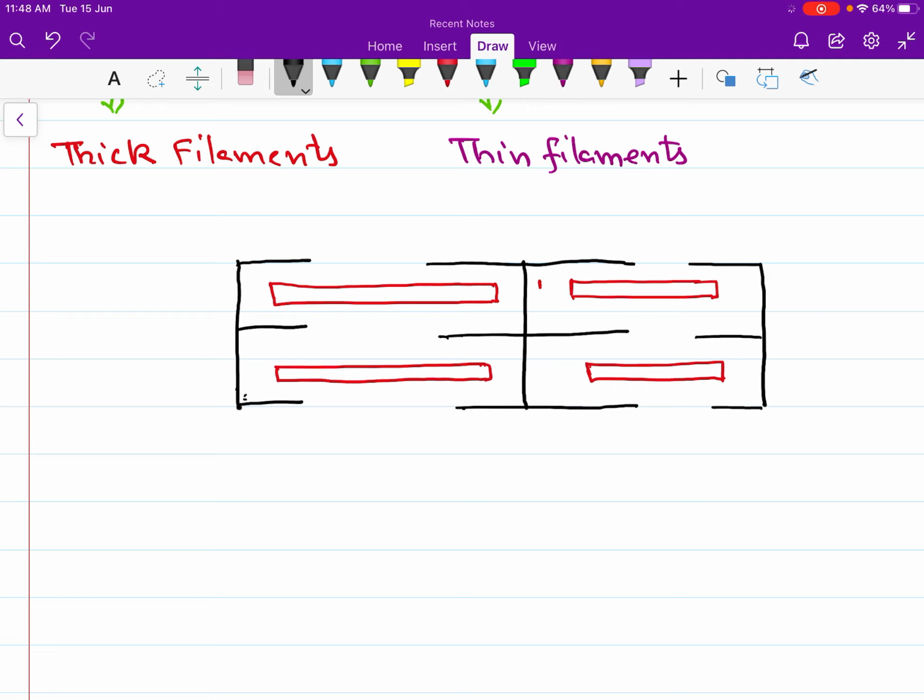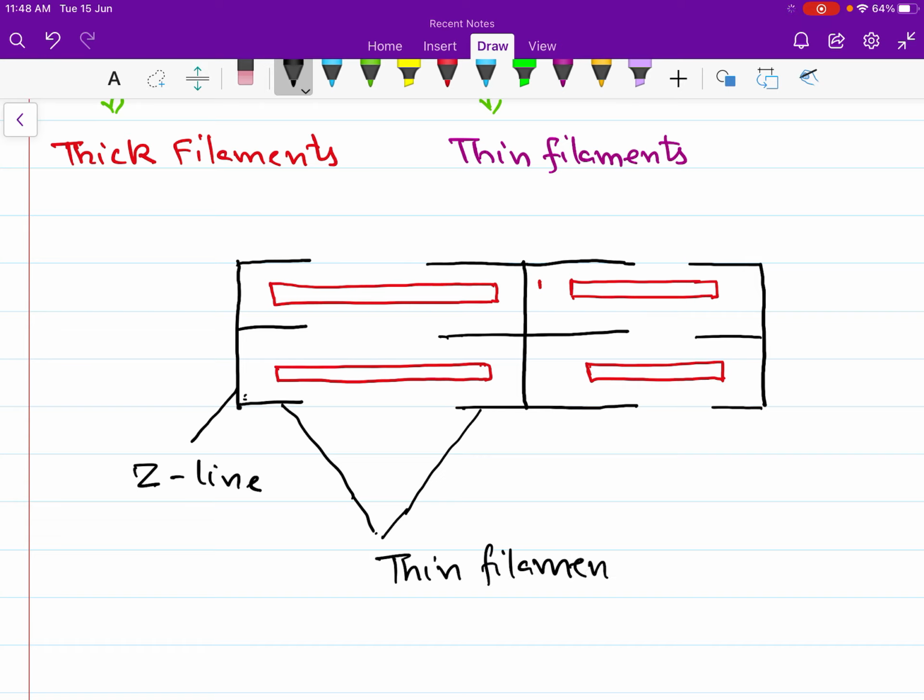Here, this is called the Z line. I will talk more about this later. These are the Z lines, and these are the thin filaments. What I have drawn in red are the thicker filaments.